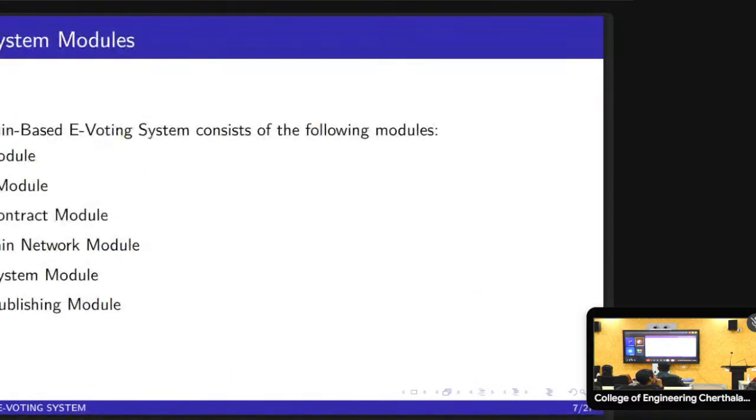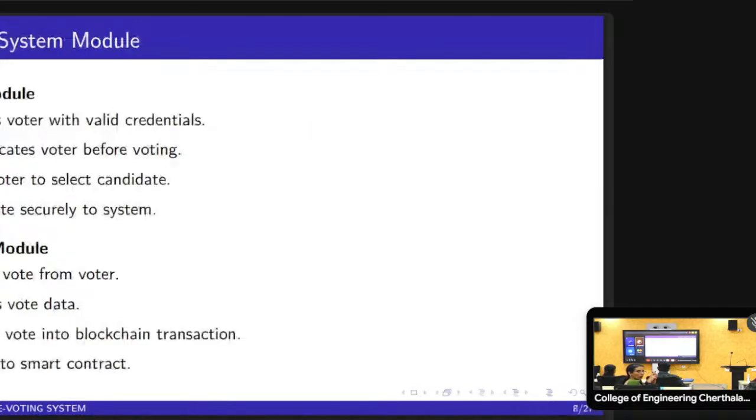And here come the modules. The system consists of 6 modules: the voter module, system module, smart contract module, blockchain network module, result module, and result publishing module. Firstly, the voter module handles registration, login, and vote casting. The system module.